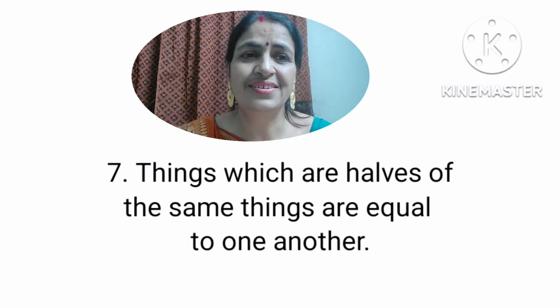This is also obvious and we can explain it: let A equal B, so half A is equal to half B. If we take half of any two equal things, then after that half, the remaining part is also the same. That means half A is equal to half B.